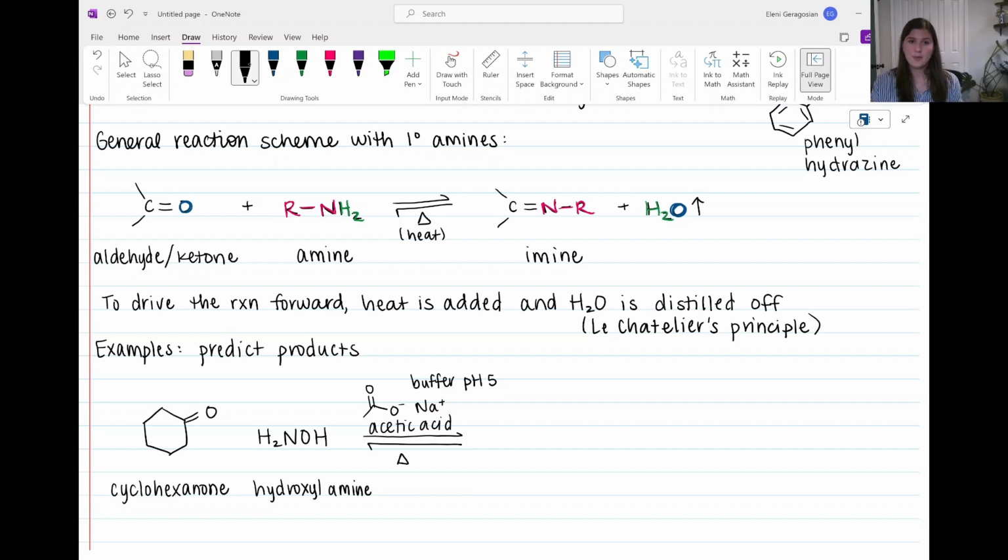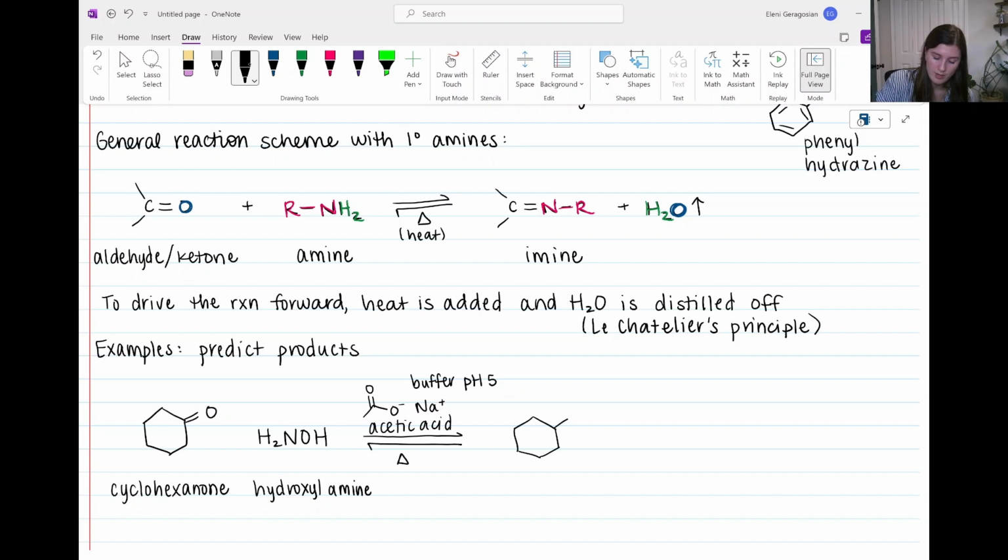And looking at the reaction scheme above, we start with an aldehyde or ketone. We create a double bond to the nitrogen. The hydrogens that are directly bonded to the nitrogen leave, but the nitrogen's still bonded to whatever else it was bonded to in the starting material. So in our product here, we have the carbonyl carbon.